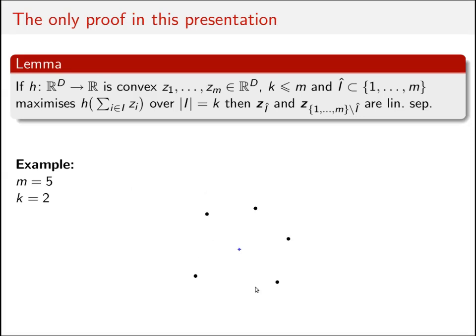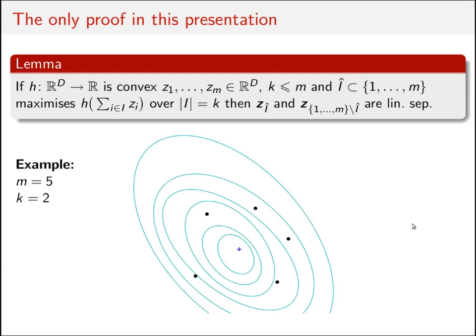So what is it about? Well, I have a number of points in R^D space, 5 points here. This is the origin, the blue cross, and I have a convex function h. Actually, this convex function h is connected, not exactly, but connected to the log partition function for the parameter, which we know is convex.